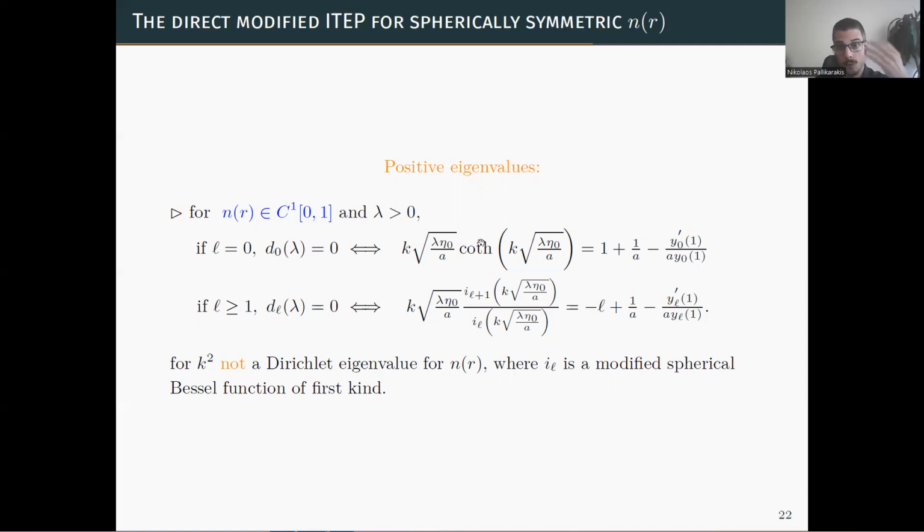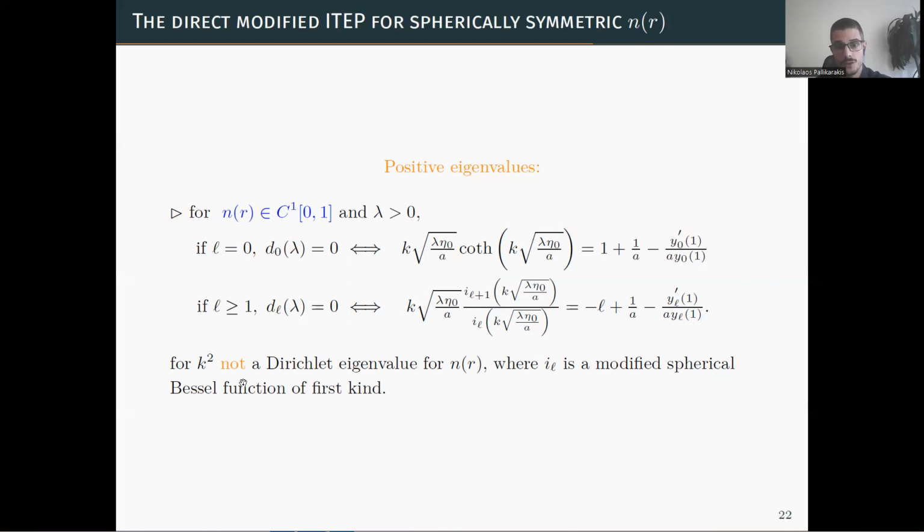One can directly see that the left-hand sides of these equations are associated with lambda, and these are constants, irrelevant of lambda. Both of them are monotone functions, and we prove that this is also monotone. And so we use this to study the existence of positive eigenvalues.